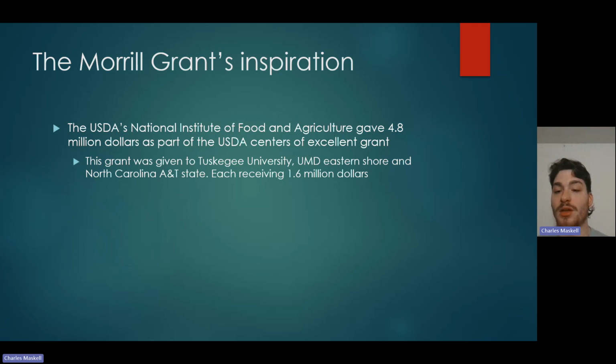This was given to universities deemed to have excellent programs and doing exactly what the Morrill Grant was intended for, which is furthering education in agricultural and STEAM programs. It was given to Tuskegee University, University of Maryland Eastern Shore, and North Carolina A&T, all receiving $1.6 million.